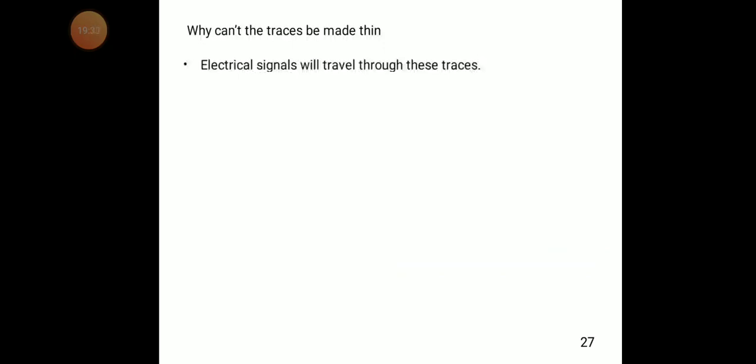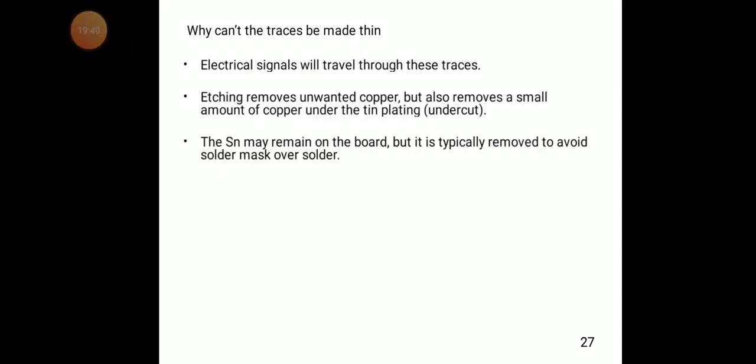Why can't the traces be made thin? Electrical signals will travel through these traces. Etching removes unwanted copper but also removes a small amount of copper under the tin plating. That is undercut.